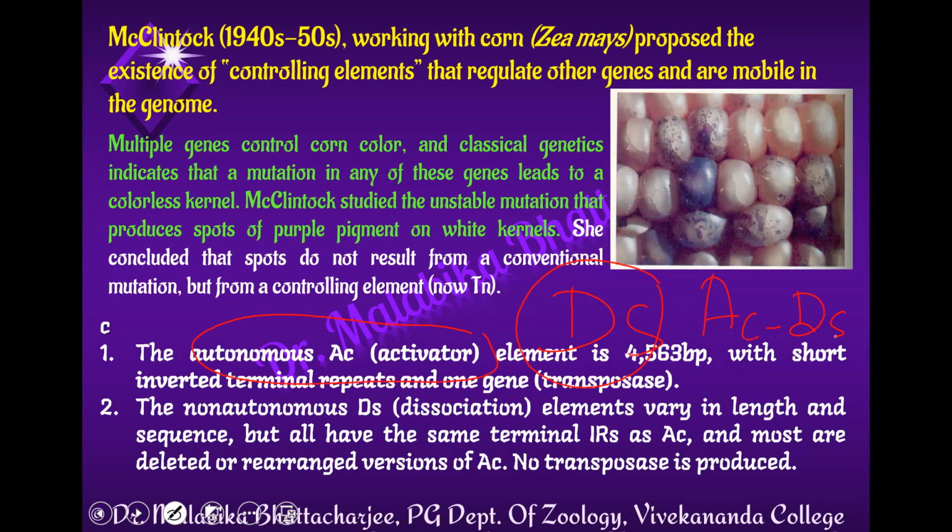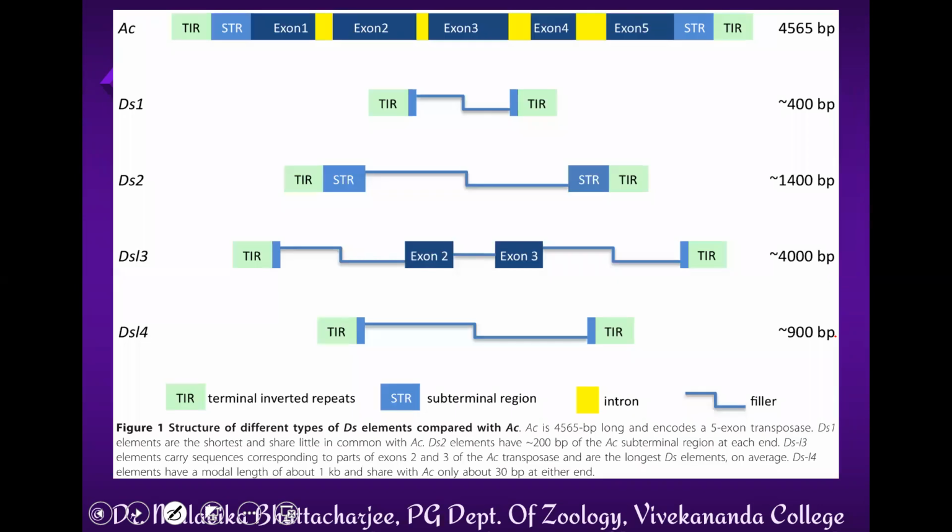If you look into the structure of the Ac element, the autonomous Ac element is 4,565 base pairs long, and it makes a single RNA transcript of 3.8 kilobase, which encodes a polypeptide of around 807 amino acids.